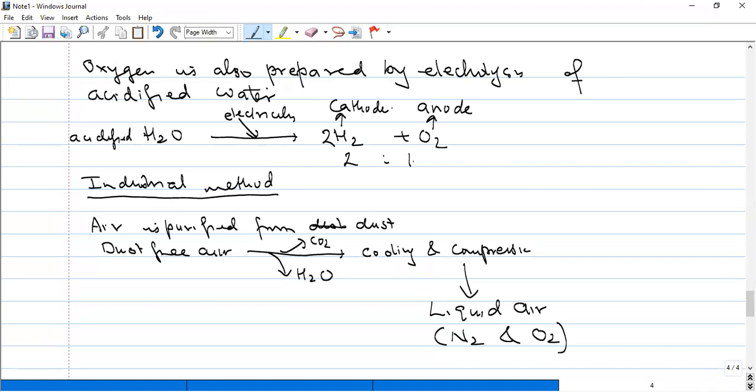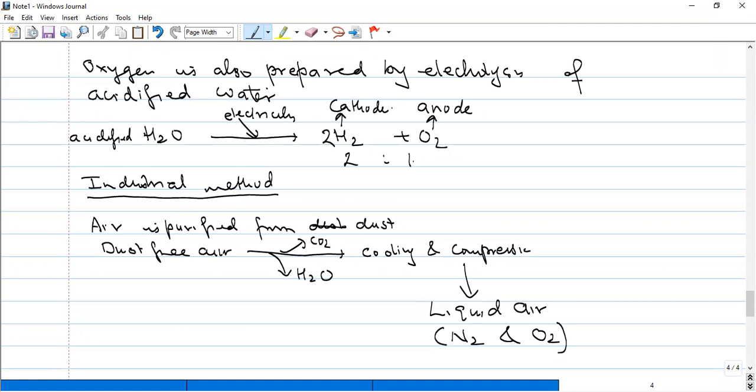So first the air is freed from the dust, carbon dioxide is removed, water is removed. Carbon dioxide is removed by passing air through potassium hydroxide. Water is removed by passing through anhydrous copper sulfate.